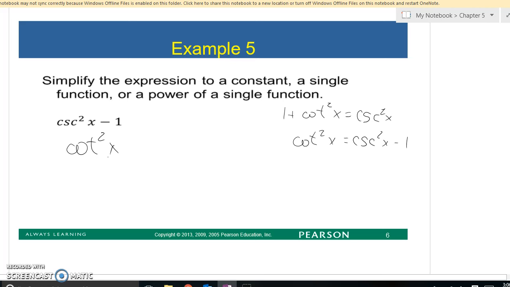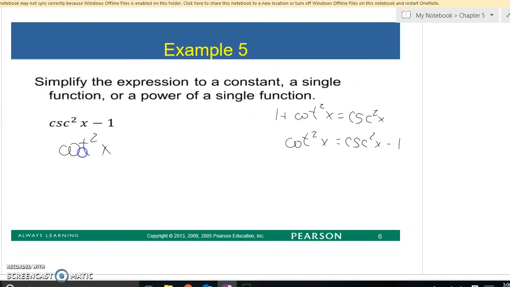If you didn't take that approach, the other thing you could do is change this into 1 over sine squared. And then you could find a common denominator. So common denominator for this whole thing would be sine squared. And on the left, you wouldn't need to do anything because it's already 1 over sine squared. On the right, you would need to multiply by sine squared over sine squared, which would make that sine squared. 1 minus sine squared, again, is a manipulation of one of our Pythagorean identities.